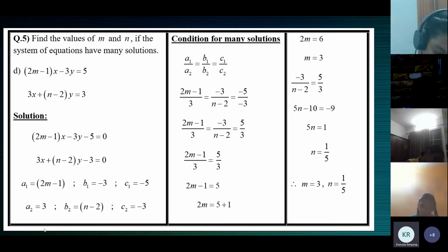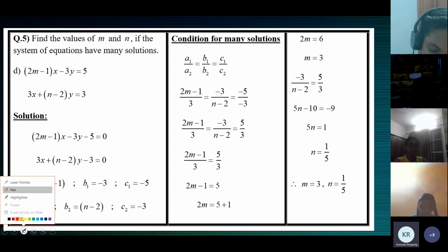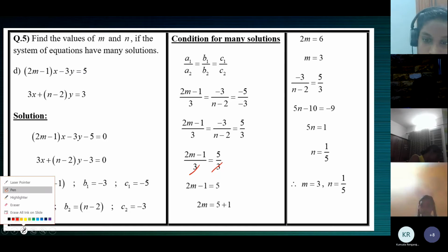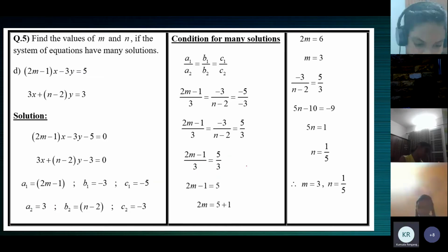So here you can cancel the 3 and 3 in the denominator. So 2m minus 1 is equal to 5. See how they get cancelled: 2m minus 1 is equal to 5 by 3. When you cross multiply, this 3 comes here as into 3, so 3 and 3 get cancelled.